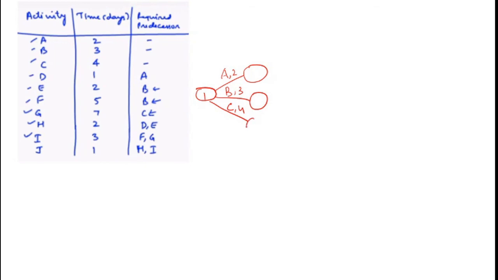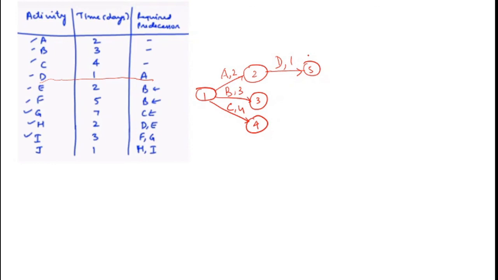So they will have an end event like 2, 3 and 4. Then for activity D, it is given that predecessor is A. So simply we can draw activity D, and it will have a time of 1.